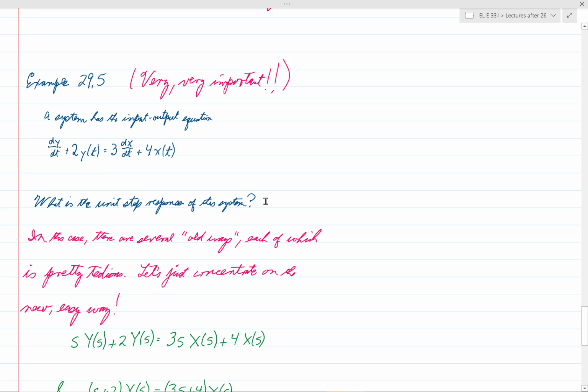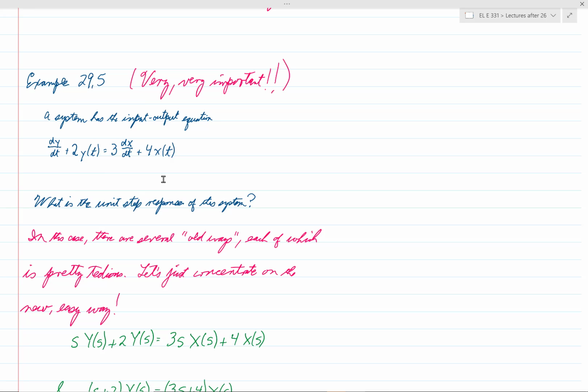And another way would have been to substitute in u of t for x of t here at the beginning. That would have given us some value on the right-hand side, and then we could have solved that differential equation using the multi-step procedure. So that's three different, not vastly different, but three different ways that we could have done this problem.